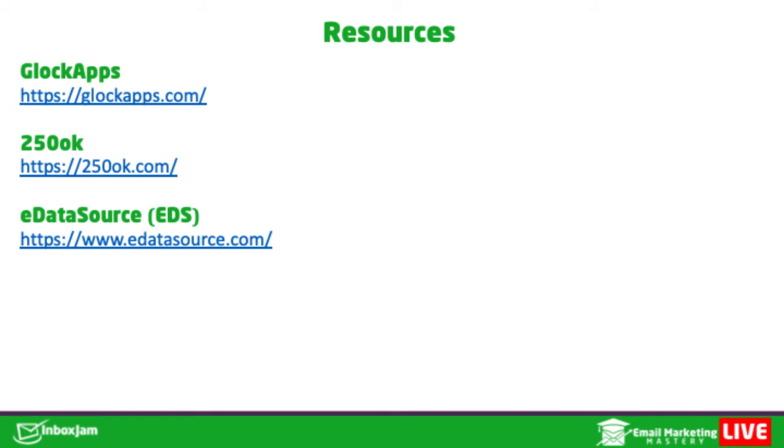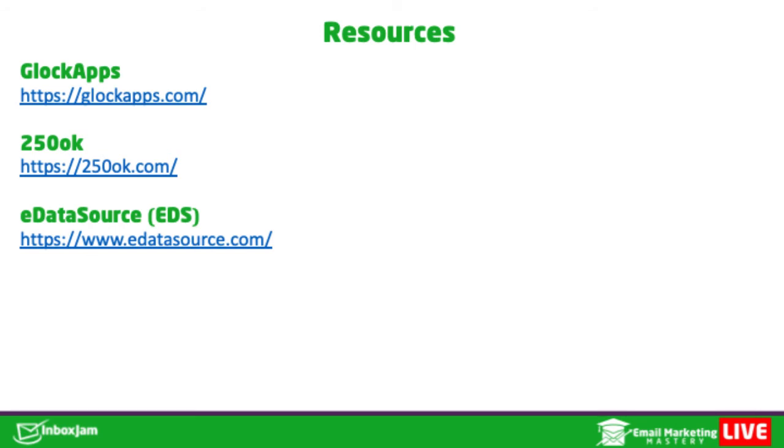I will tell you right up front, they are very enterprise focused, so their pricing is much higher than Glockapps. They don't only do seed lists. Seed list is one very small part of what 250OK does. They do a whole host of other things, including spam trap monitoring, a whole bunch of things. Go check them out. Phenomenal company, phenomenal product.